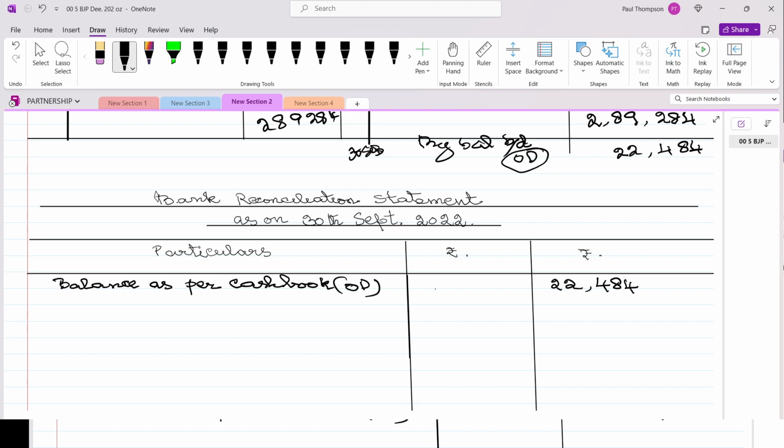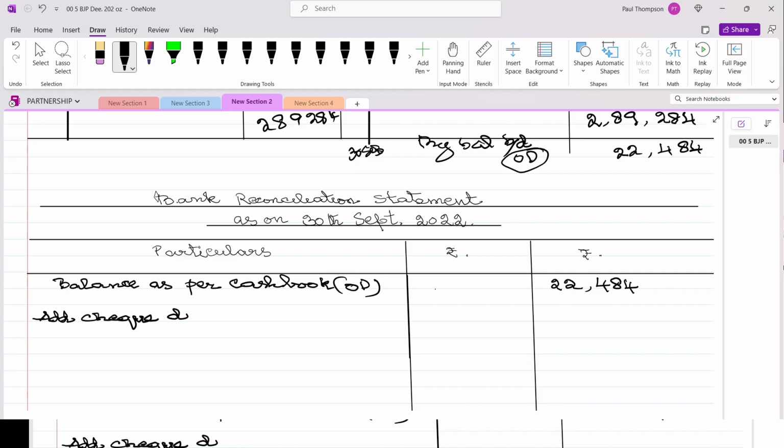Okay. So what we did, we have deposited a check of rupees 26,28,000. But this was not credited by the bank. So as far as bank is concerned, the check deposited was not collected by them.